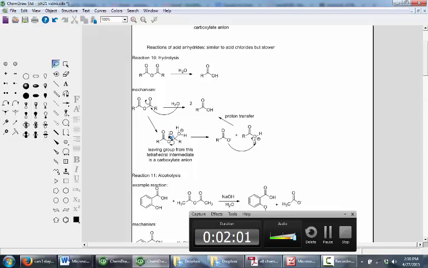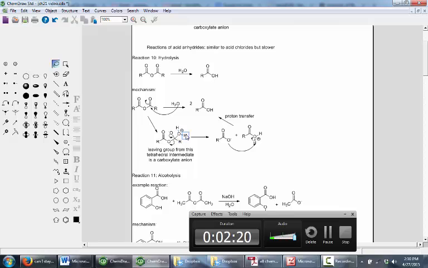We're going to collapse back that tetrahedral intermediate and kick off, in this case, a leaving group that is the whole carboxylate anion. So now this whole part of the molecule becomes the leaving group with respect to this carbon of the tetrahedral intermediate.